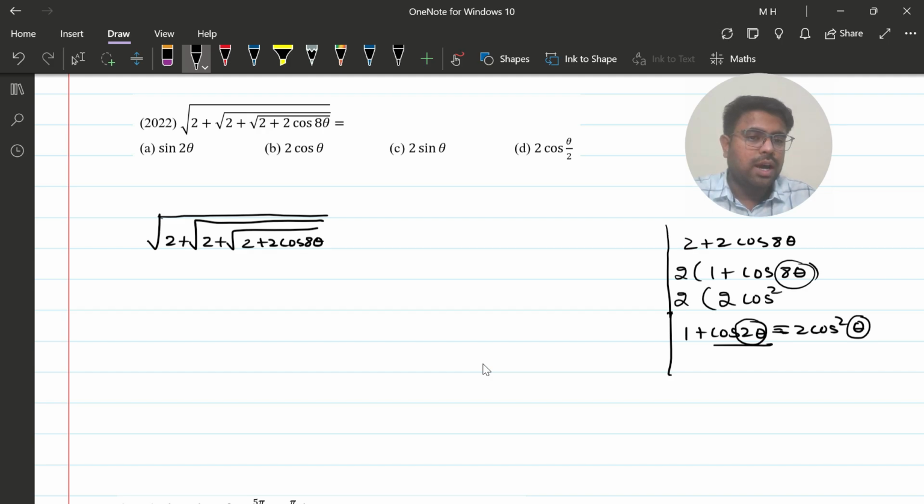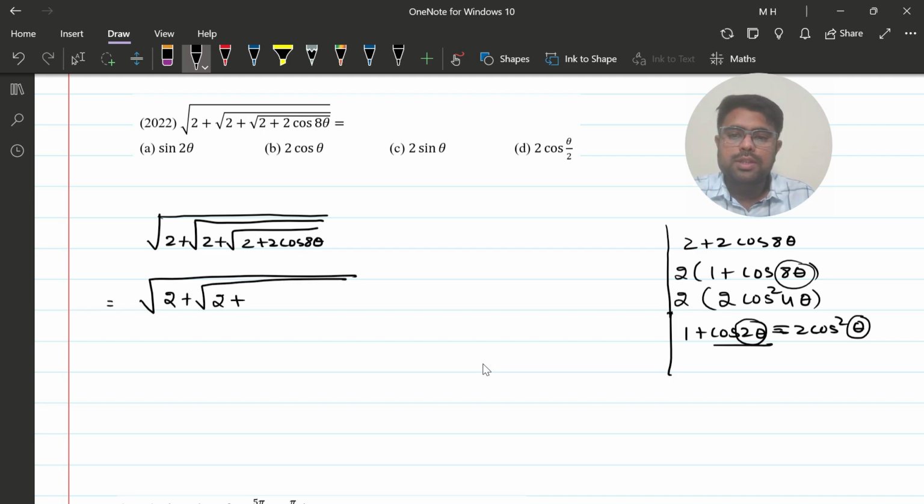I have to take the half of this angle, that is 4 theta, right? So this is going to be equal to 2 plus root of 2 plus root of 2 times 2 cos square 4 theta.